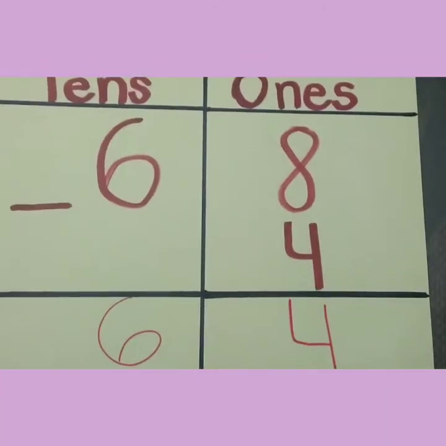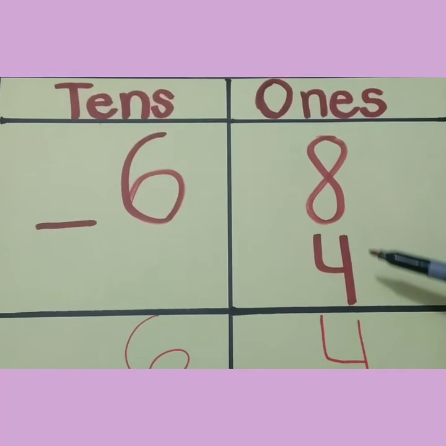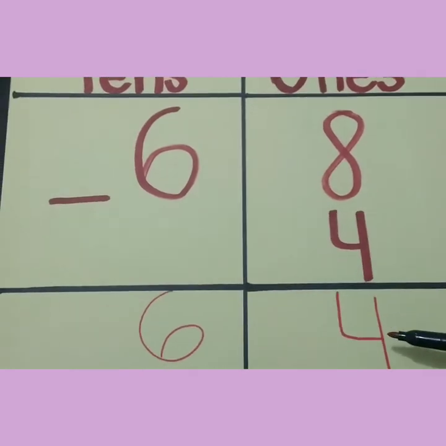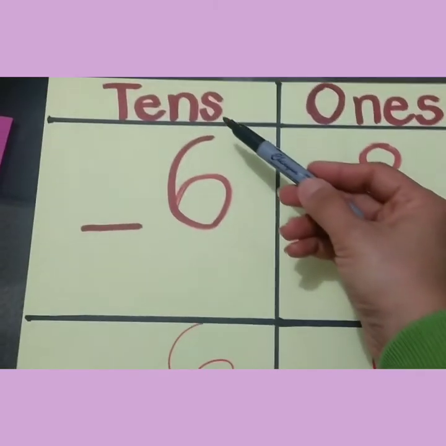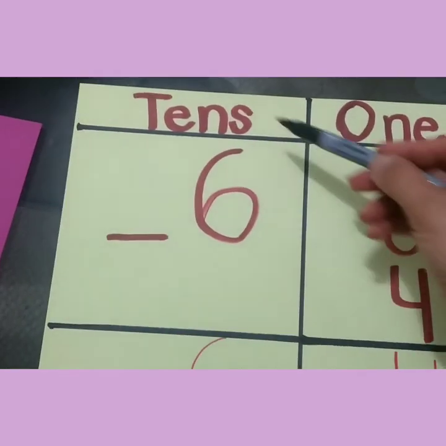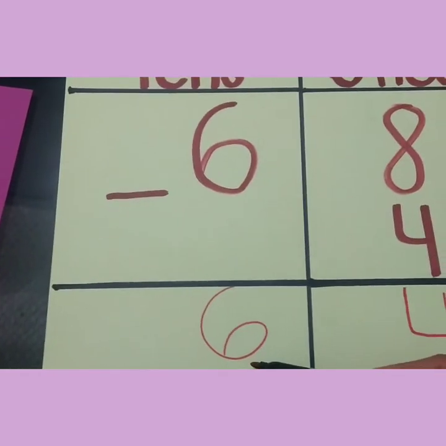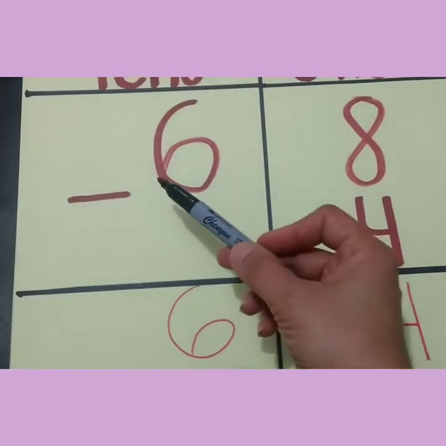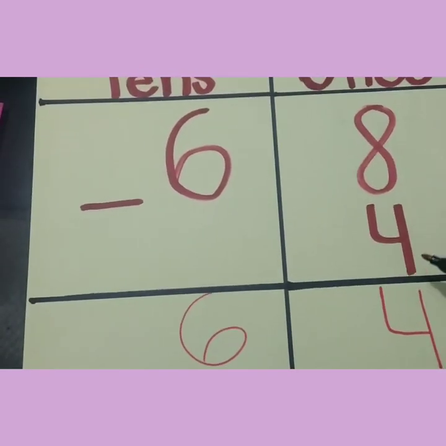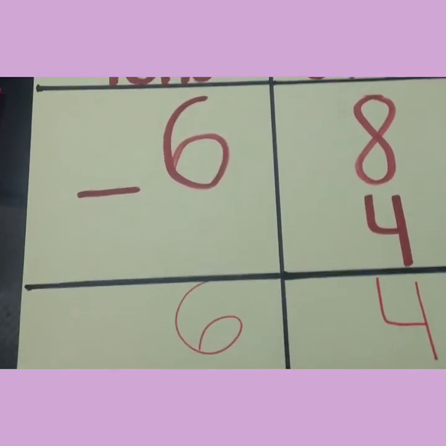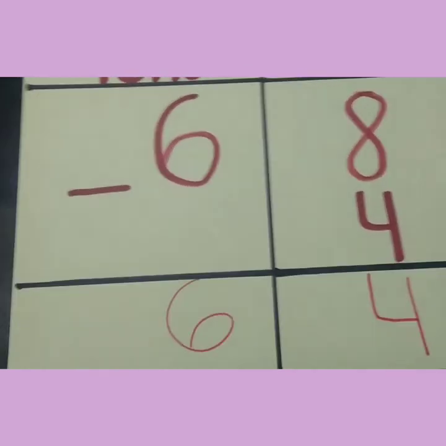Now you can see that 8 minus 4 is 4. In this case, the number that we have in the tens place is the same number that you have in the product. So 68 minus 4 is 64.